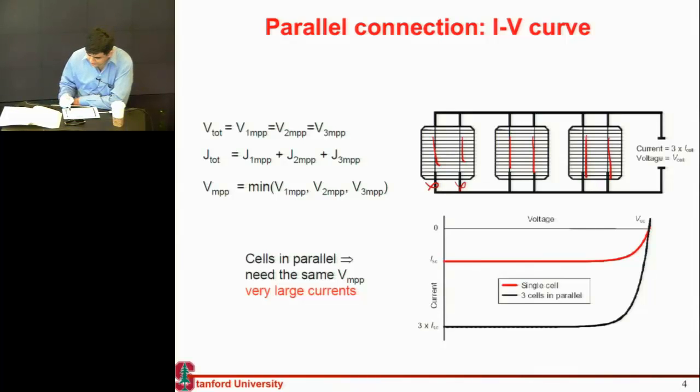Now if you connect them in parallel, then your open circuit voltage, which is defined by each cell, will remain the same, while your short circuit current will increase depending upon how many of these you connect in parallel.